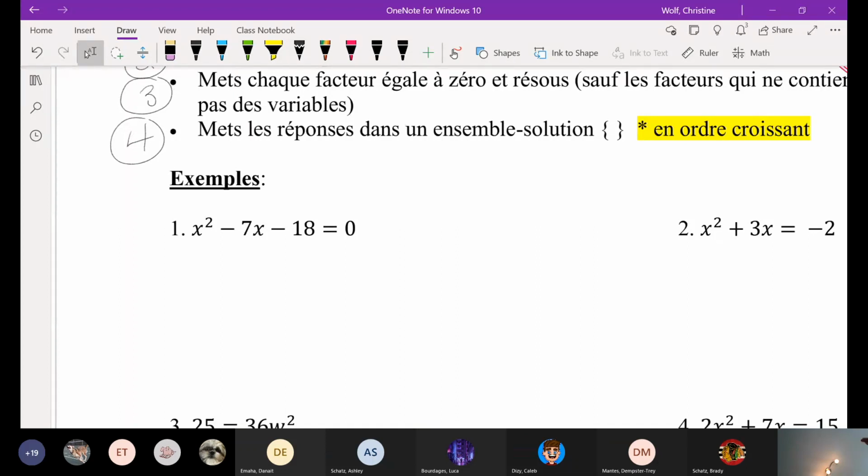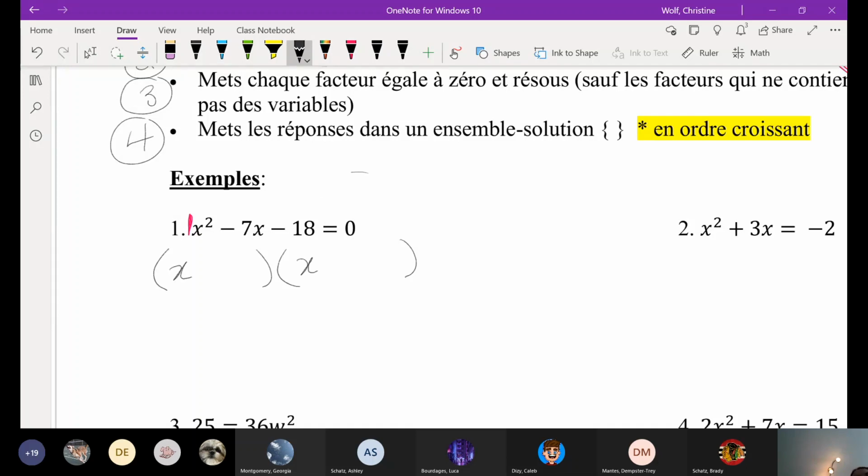Est-ce que quelqu'un peut me dire ça c'est quelle méthode ici? 2, 3 ou 4? 3. 3, merci Georgia. So c'est méthode 3 parce que c'est un trinôme et c'est un trinôme avec une 1 en avant. That's how we know it's method 3. OK, so pour factoriser méthode 3, c'est toujours 2 parenthèses avec la lettre au début.